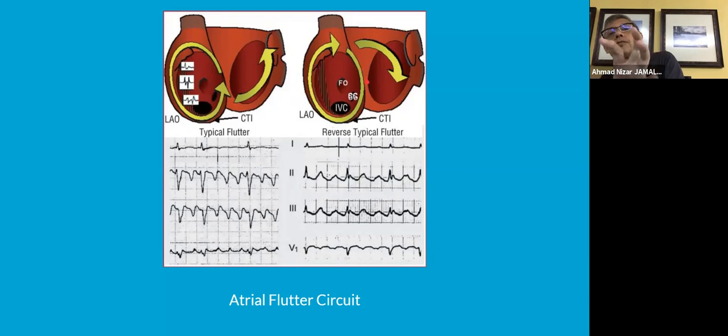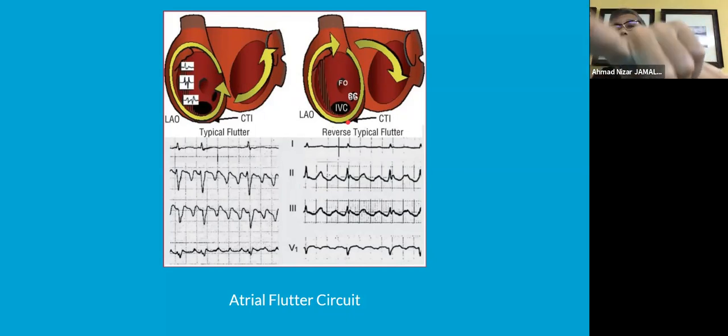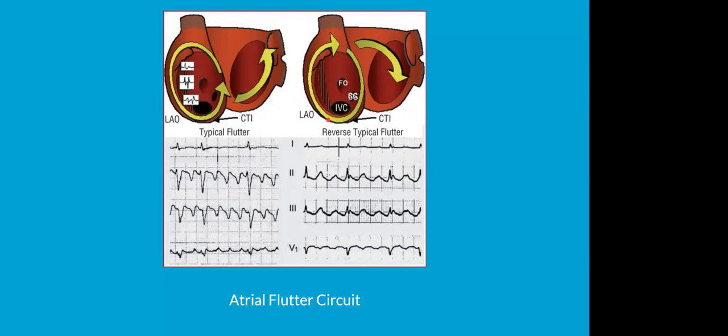If you look at typical atrial flutter, it is an anti-clockwise rotation. This is a view from below, from the right ventricle. From the right ventricle, you see that the macro reentry goes anti-clockwise around the tricuspid valve.